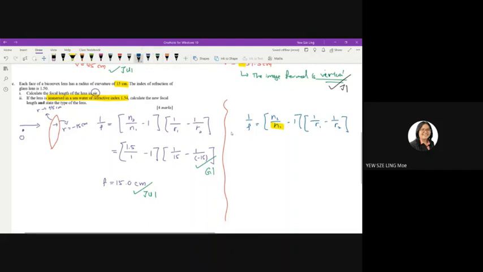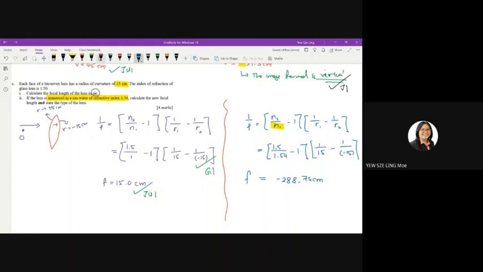Now you put it in the water, so it equals 1.5 over 1.54 minus 1. Then the rest are still the same: 1 over 15 minus 1 over negative 15. So it is now equal to negative 288.75 cm.